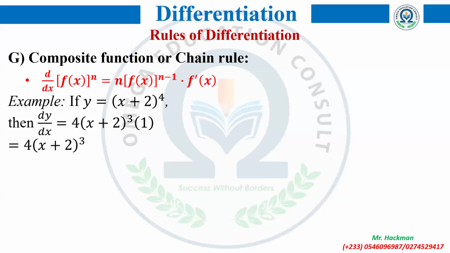We are going to look at the composite function, or chain rule. We've all done functions and we know what a composite function is: it is when we apply two or more functions successively. Anytime you see a function to a certain power, irrespective of the power, you can use this rule that I'm going to walk you through to easily differentiate.